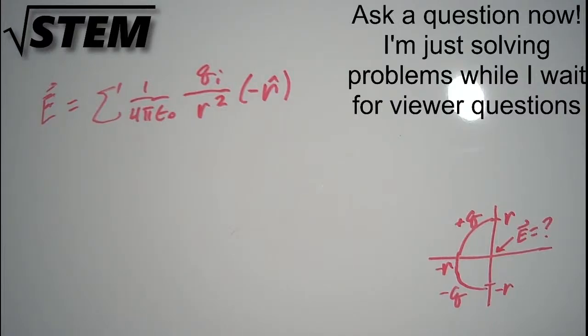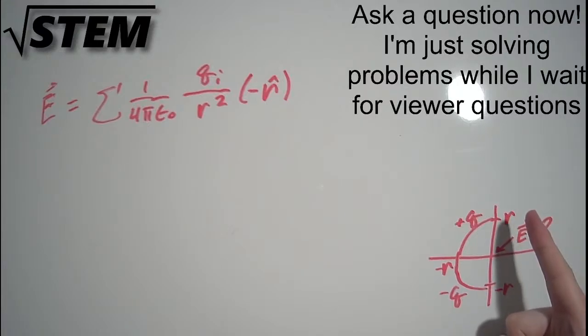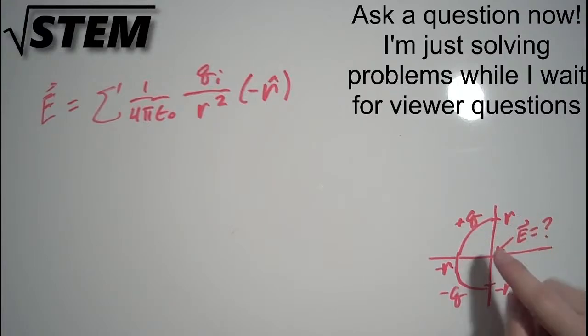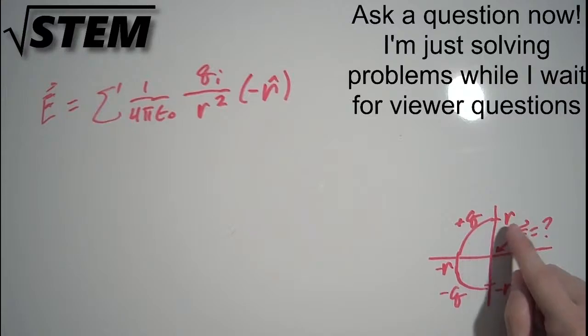The easiest way to integrate this would be using angles. If we could integrate from pi over 2 to 3 pi over 2. So can we describe that in terms of angles?